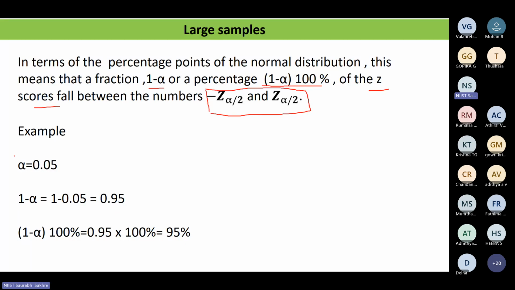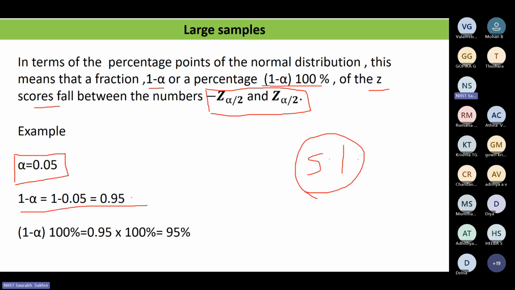So let's say, for example, I want to see my data on a level of significance of 5%. That means 5% of the time I can accept that there is an error, but 95% of the time my value should be correct. So let's say my alpha is 0.05 level of significance. How much will 1 minus alpha be? 0.95, right?